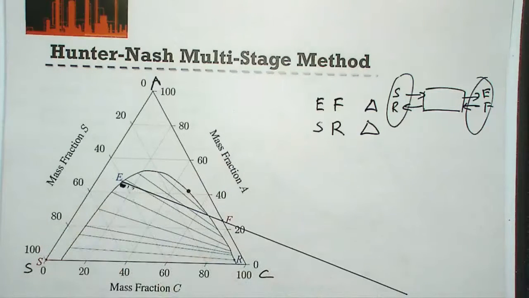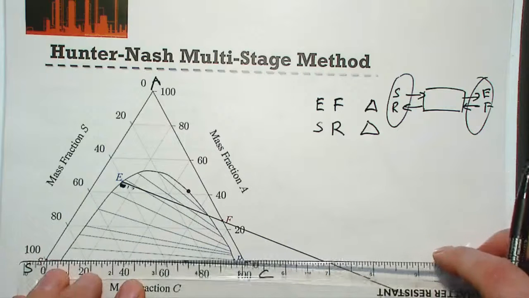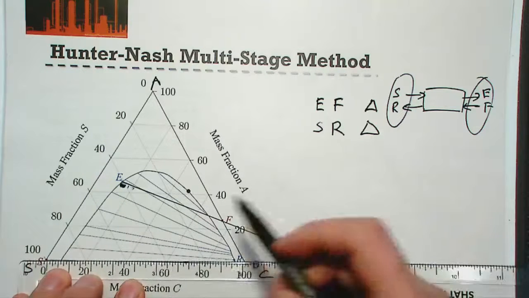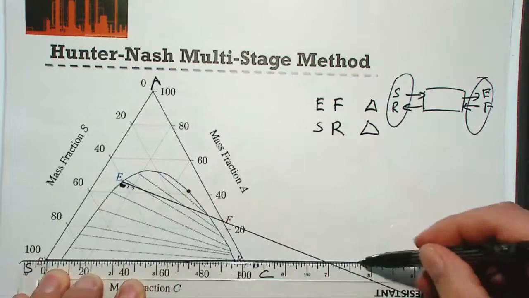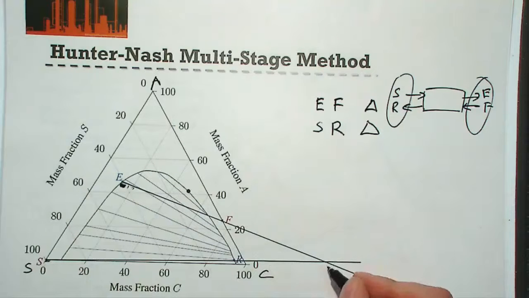So we can draw a line for our extract and our feed, and we can draw a line for our solvent and our raffinate, and then where those lines cross, we get our operating point.